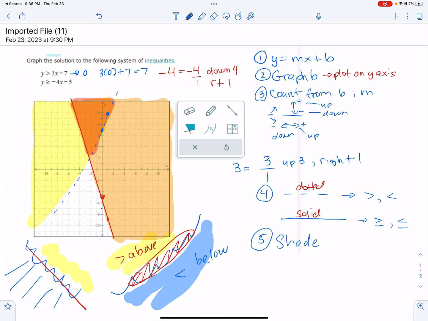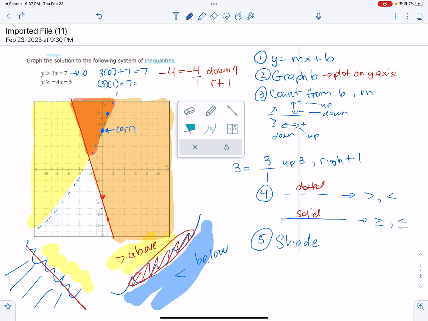And if you look at it, if I plug that in, well, that's on my line. You could plug anything else in. 3 times 1 plus 7. So that was why you had 0, 7 on your line. That's one of your points, 0, 7.